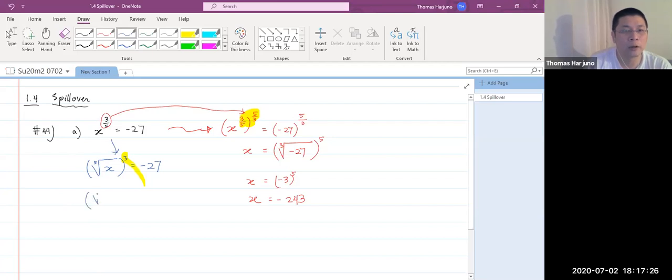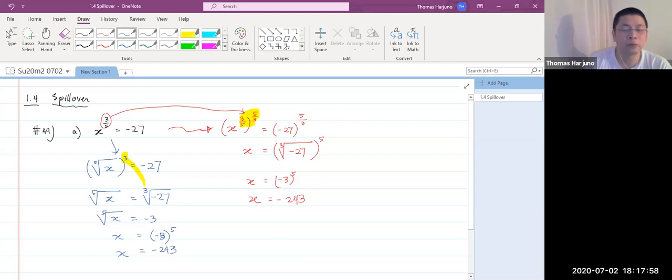So I have the 5th root of x equals the cube root of -27, so the 5th root of x equals -3. Now I take it to the power of 5, and I will get the same answer.